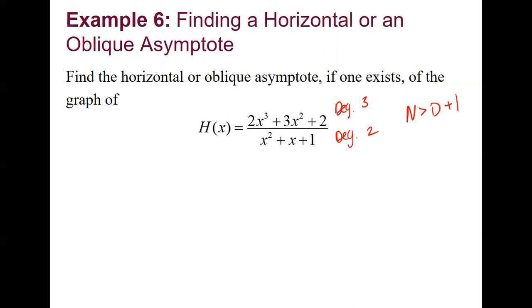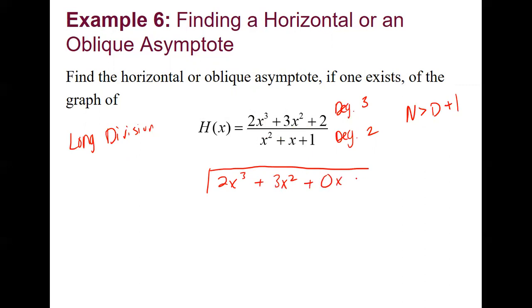Long division has to take place. When you set up long division, remember the numerator goes inside. And if a term is missing, you must put in a 0. So we have 2x cubed plus 3x squared plus 0x plus 2, because I was missing my linear term. Do we see that?